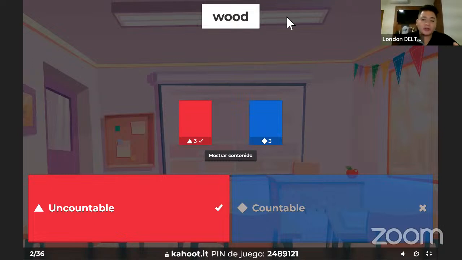Lo que sí podemos contar, como nos dice ahí Oscar, son pieces of wood, pedazos de madera, pieces, logs, los troncos, chunks, pedazos de madera, you can count, tables of wood, mesas de madera, right? But wood is not countable, no se puede contar la madera, ¿ok?